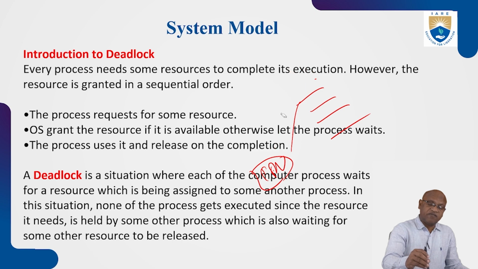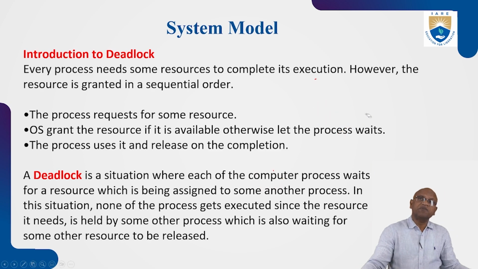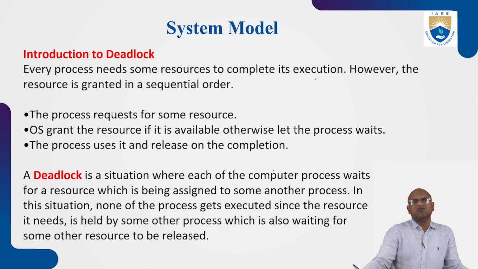Resources are available, but when any process is requesting resources, the OS must be in a position to allocate them to the process for execution. The process requests for some resource. The OS grants the resource if it is available, otherwise the process waits.